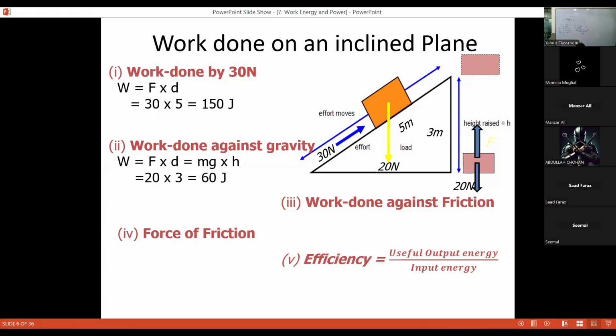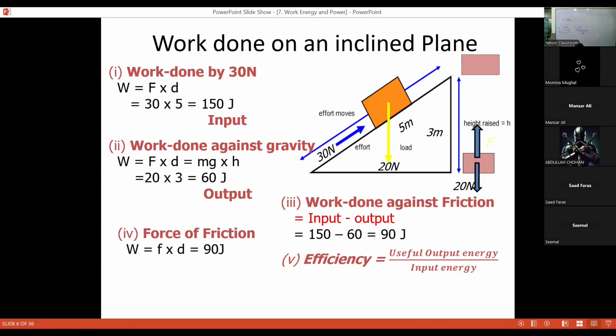So how much is wasted? 150 minus 60 will be your wasted energy because your input was 150. That is what you have done. That's called input. What you have achieved is your output. So if you subtract it, you will get the work done against friction or resistive force, 90 joules. What is the value of friction then?